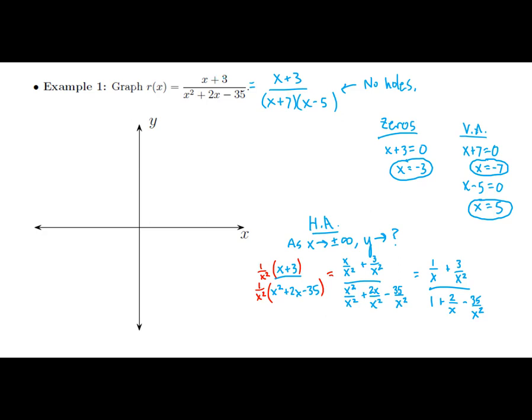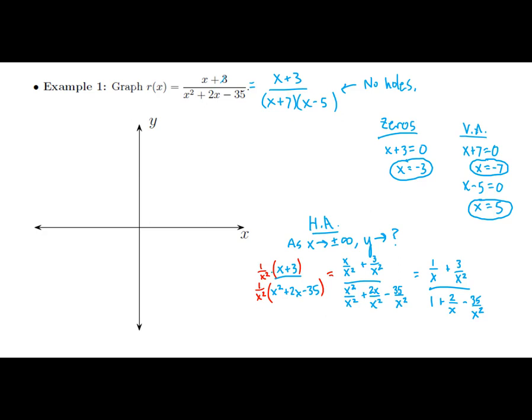If I plugged a really big number in to x plus 3 on top, I would get a really big number. If I plugged a really big number in the bottom, I would get another really big number. So what that means is that it's hard to tell what's happening when you plug big numbers in for x when the function's written like this.